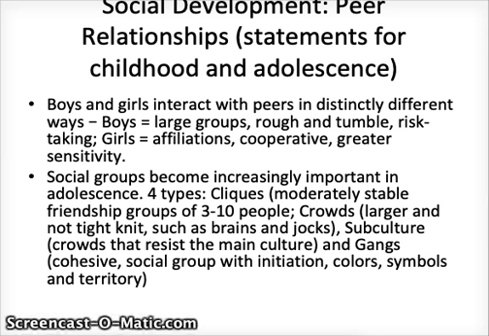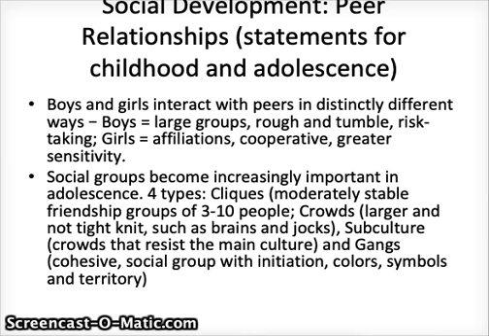A second type of social group is called a crowd, and this is a larger group than, let's say, the clique. It's not as tight knit as a clique. It takes on different categories, such as those that we call, quote unquote, brains, or jocks, and that's what would be considered a crowd.